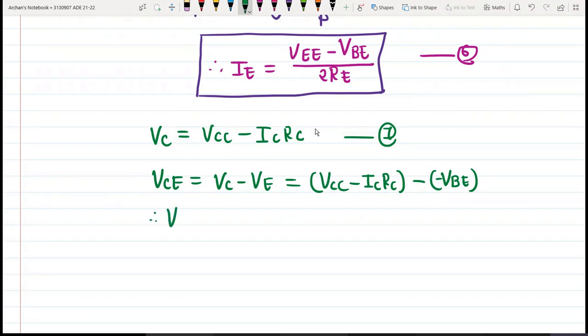So now we know the equation of VCE, which is equal to VCC plus VBE minus ICRC.